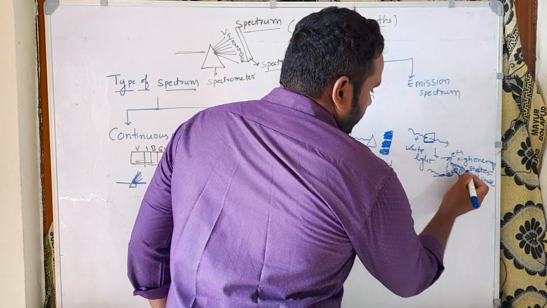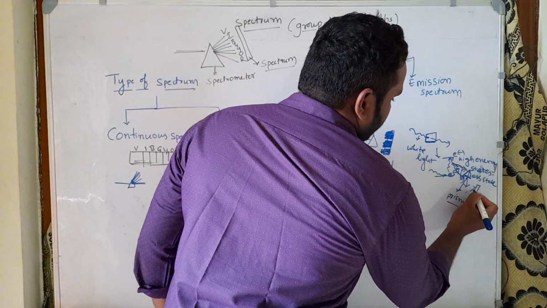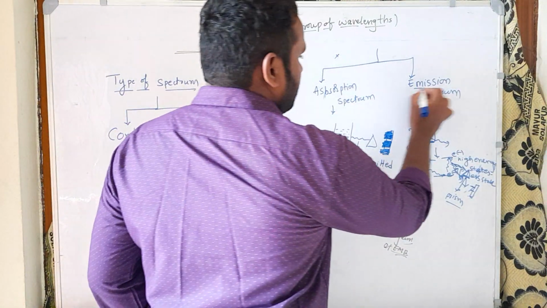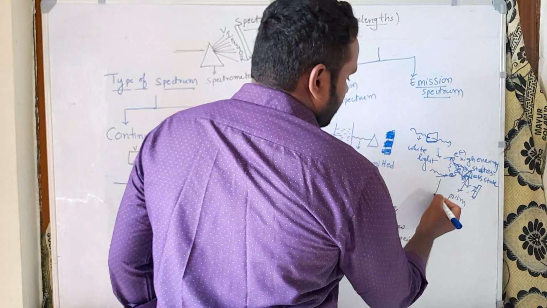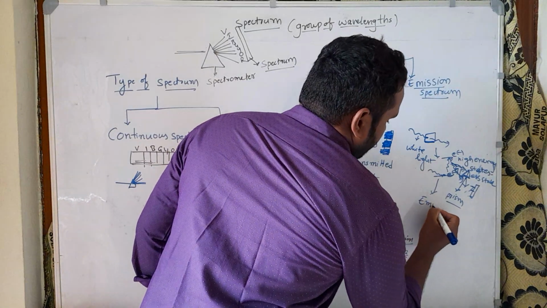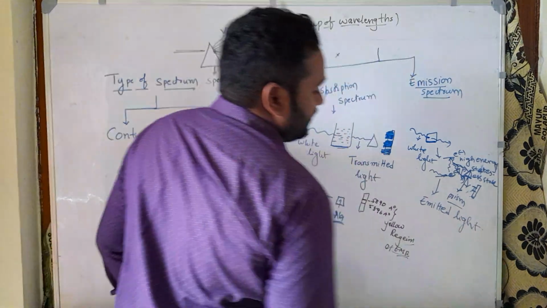That radiation we pass through a prism, and here we get a spectrum. This spectrum is called what? Emission spectrum. So in emission spectrum, we study the properties of emitted light.